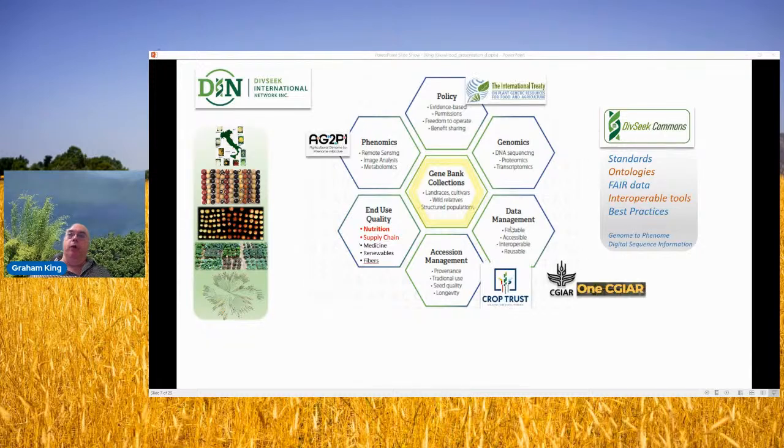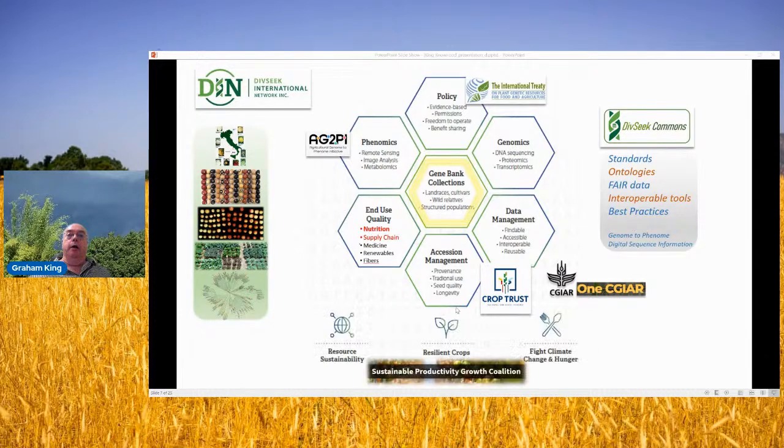And so we're working with an increasing number of different partners, obviously with the International Treaty for Plant Genetic Resources for Food and Agriculture, with the Crop Trust, who are deeply involved in ensuring that gene banks and genetic resource collections are able to collate their information at source, and with the CGIAR.